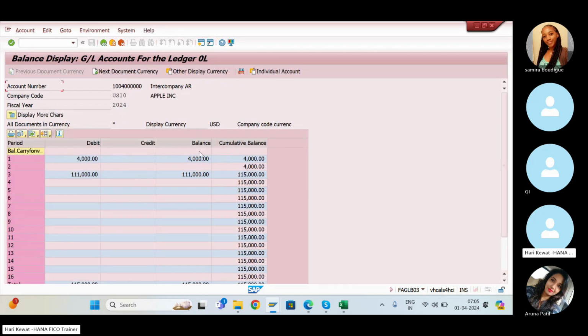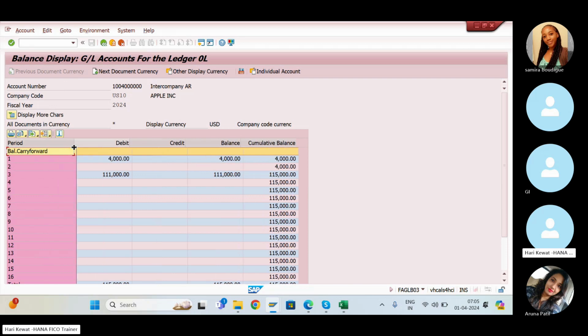Here the opening balance comes; this is called opening balance carry forward. If you are checking 2024, whatever balance was there in 2023 will become the opening balance for 2024, and it will show here in the first line item.